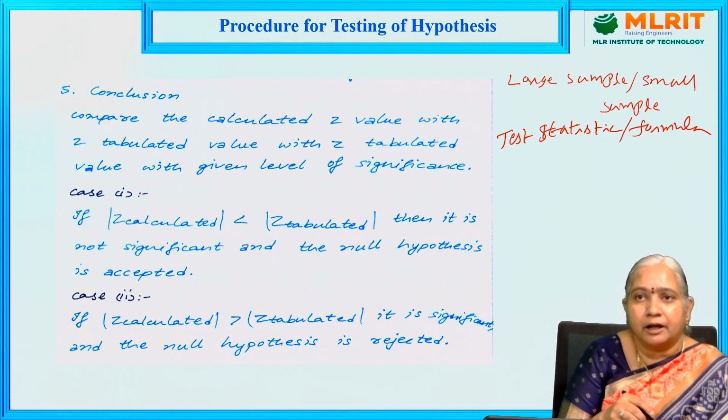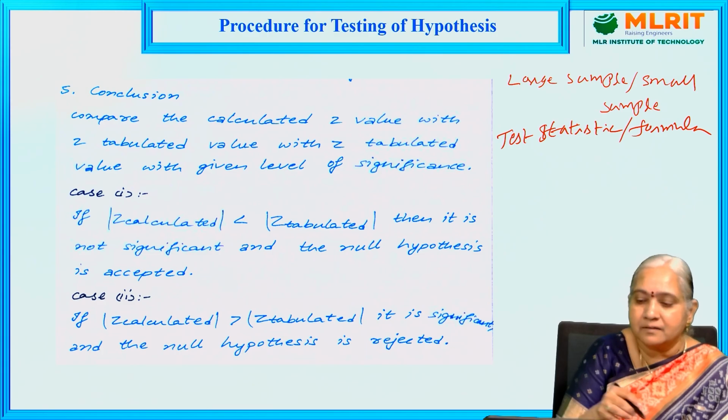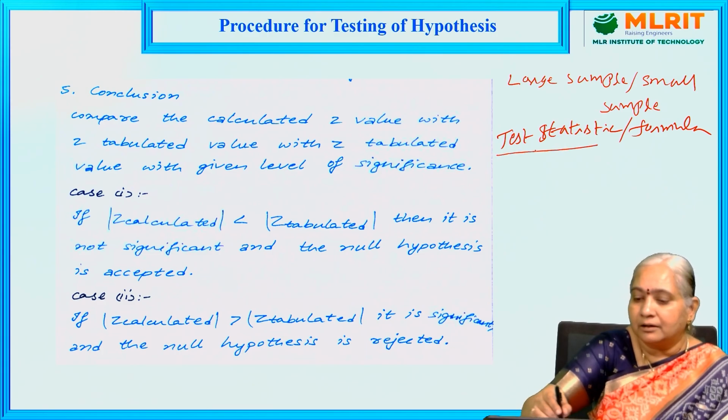Conclusion about the claim means whether you are accepting or rejecting your claim. That is based on the test statistic which you have taken from the sample.